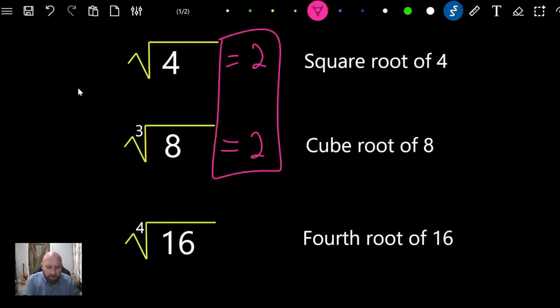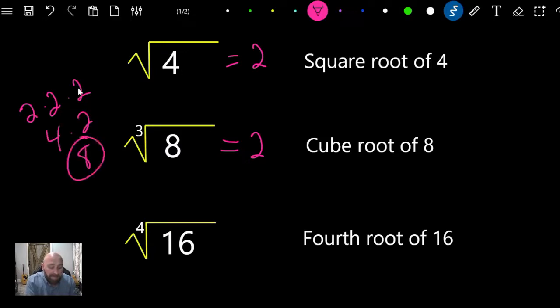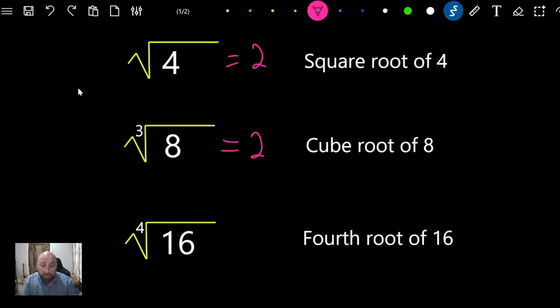Look right here. We got the exact same answer. So the square root of 4 is 2 times 2, basically. Now watch with the third root. 2 times 2 times 2, remember, because we're doing it to the cube, is 2 times 2 is 4 times 2 is 8. There's our original number we got when we did that 3 times. So the cube root of 8 is 2.